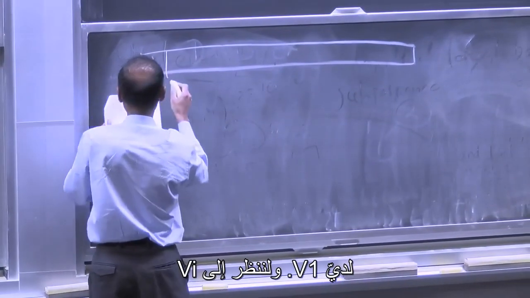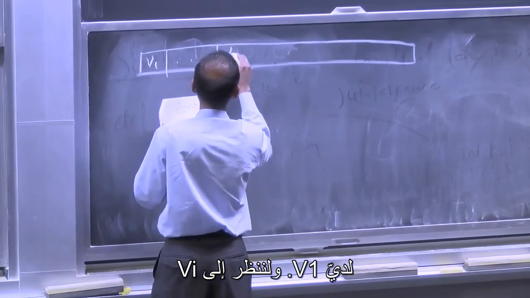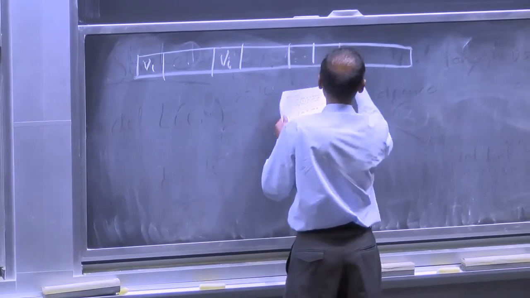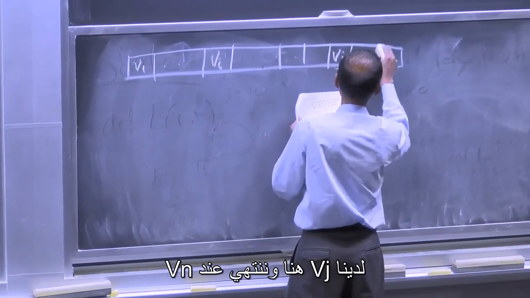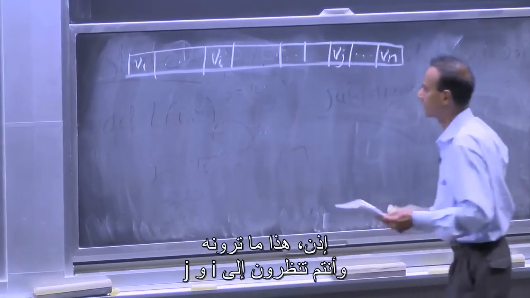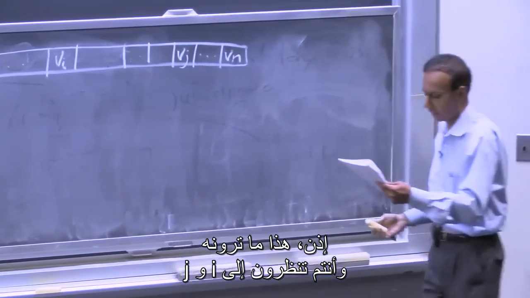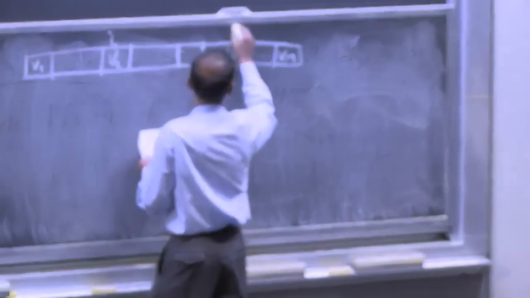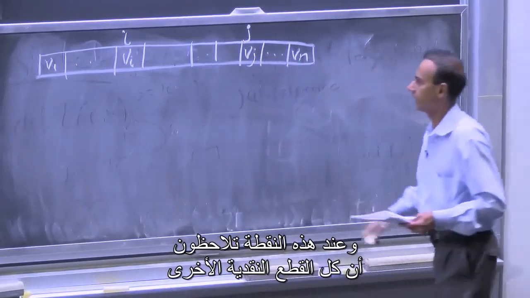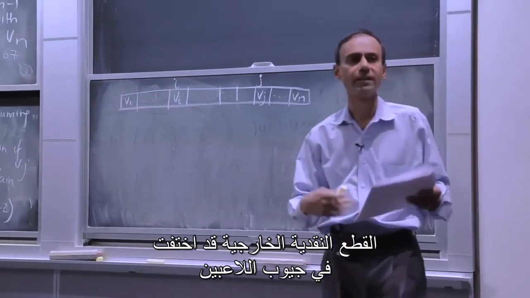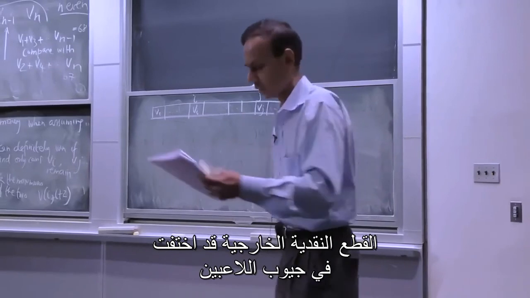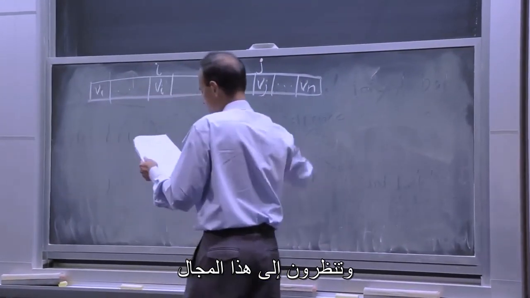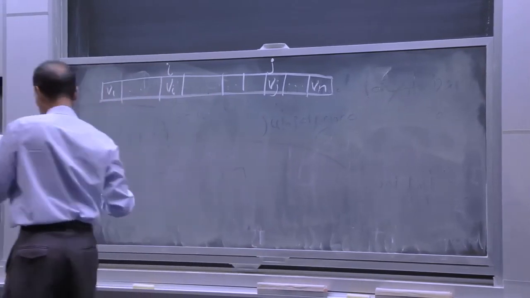And I got V1. Let's look at Vi. Let's say Vj here, Vn. So that's what you see, and you're looking at i and j. At this point, the outer coins have disappeared into people's pockets, and you're looking at this interval.